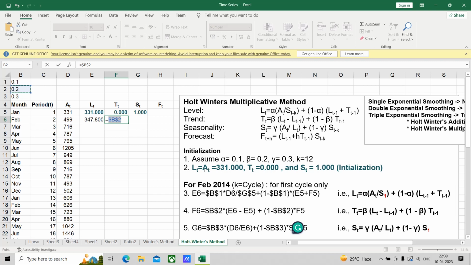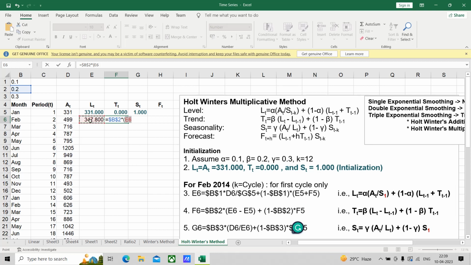Then it is multiplied with L(t) minus L(t minus 1). So we put here the multiplication sign star, then opening bracket. After that, L(t), t is 2, so we need L2, and L2 is nothing but this cell.